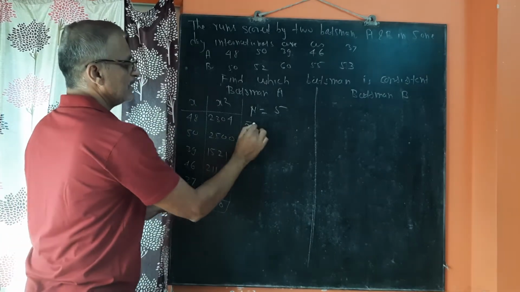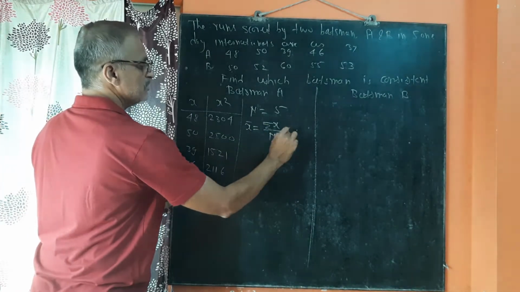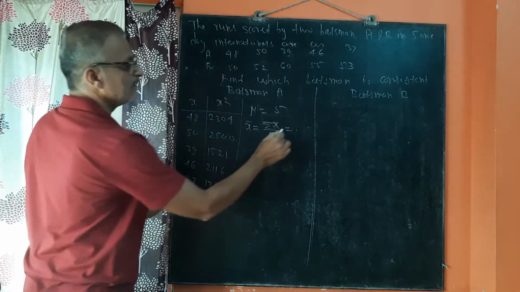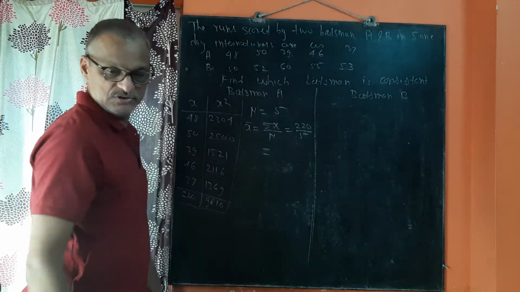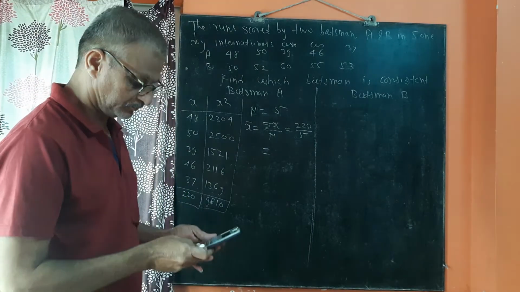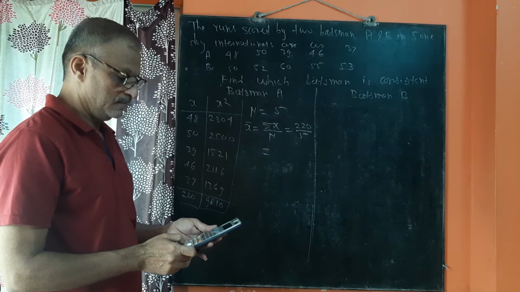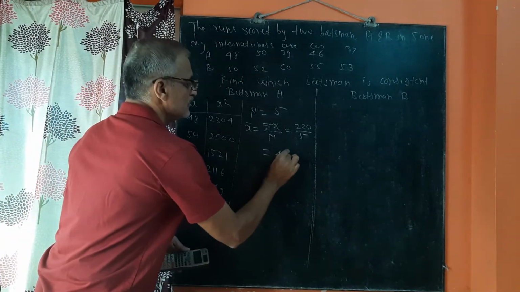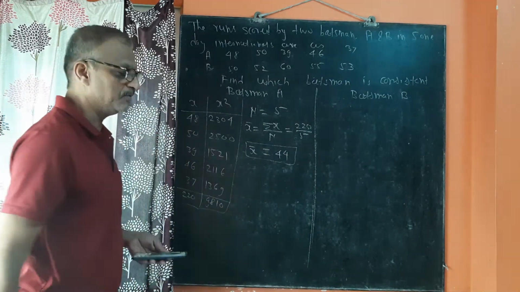So x bar equals summation of x upon n, which is 220 divided by 5, and that comes to 44. So the average runs scored by batsman A is 44.